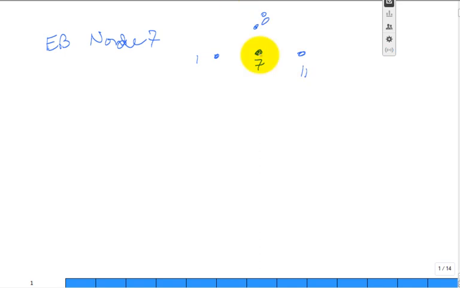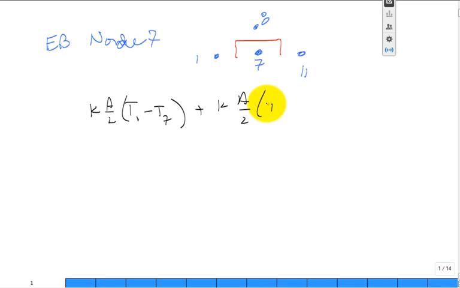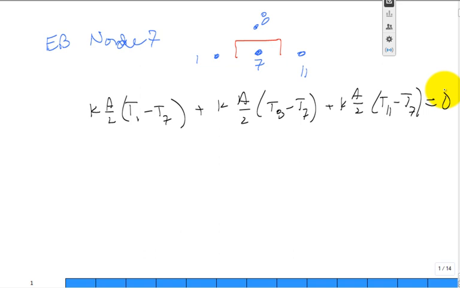And you would do your little energy balance, and you say, okay, well, we have a K A over L, and then we have the T1 minus T7. And then we have a conduction K A over L, and then T8 minus T7. And we have a K A over L times T11 minus T7. And when all that conductive flow into the node is balanced, that's when we have our final temperatures.